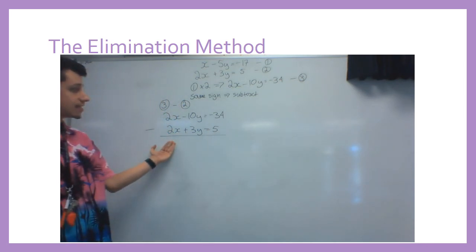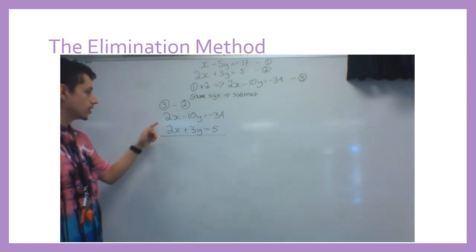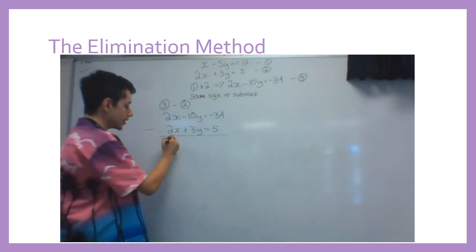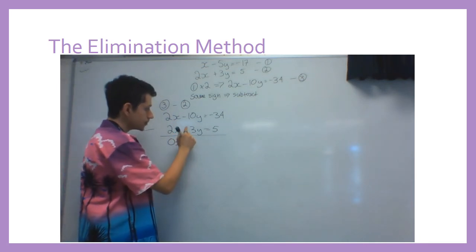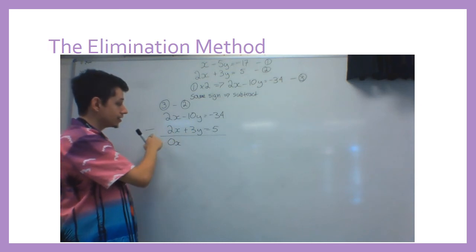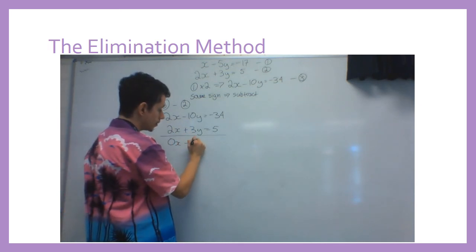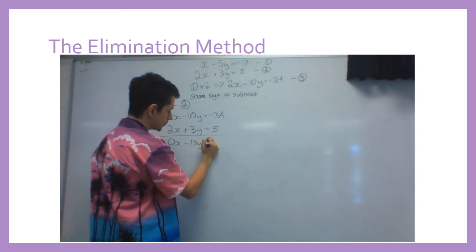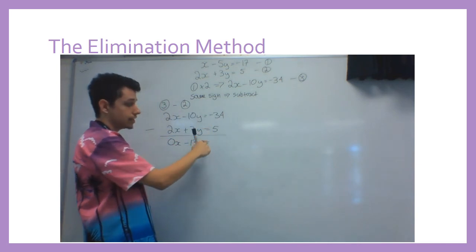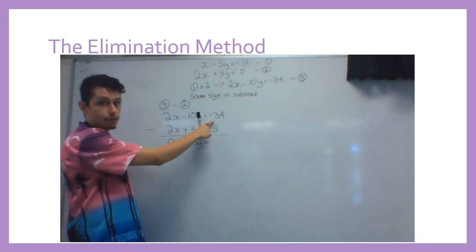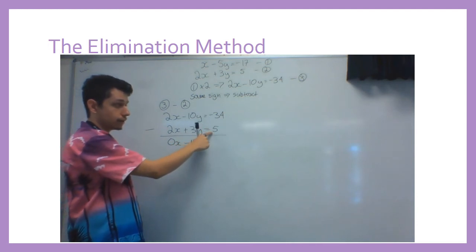Once again, this is now 3 vertical sums. So 2x, subtract 2x, negative 10y, subtract 3y. My equal signs carry down. Negative 34, subtract 5.